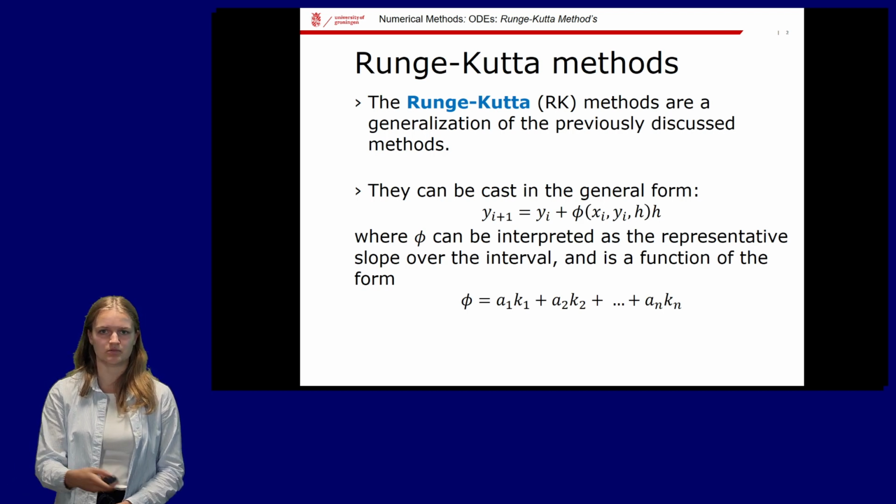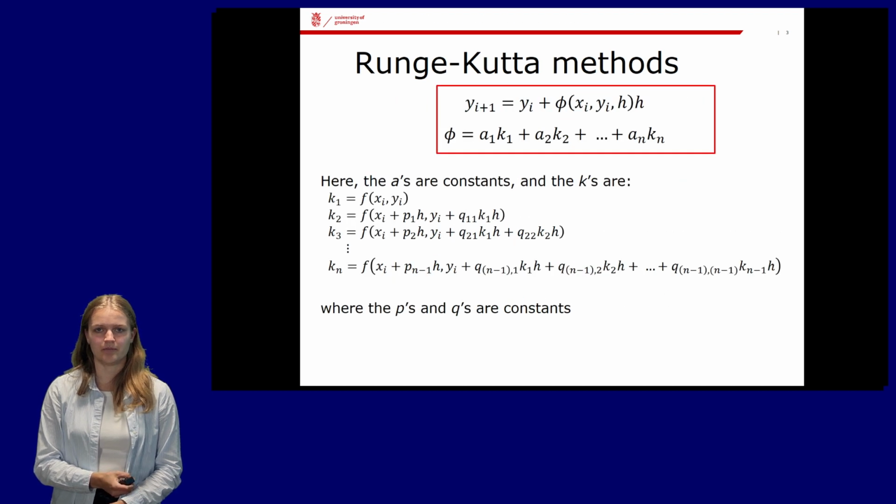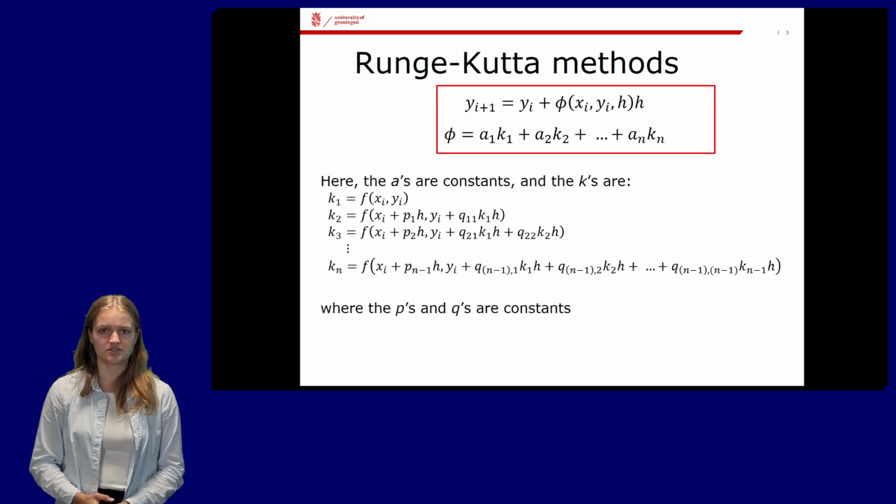And phi is a function of the following form, where phi is a1 times k1 plus a2 times k2, and so forth. Here the a's are constants, whereas the k's are functions of x and y, and the k's are given by these expressions.